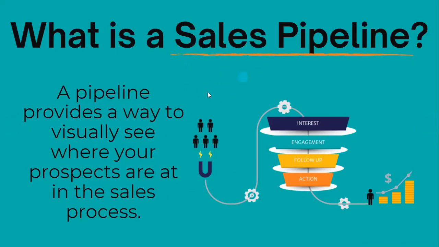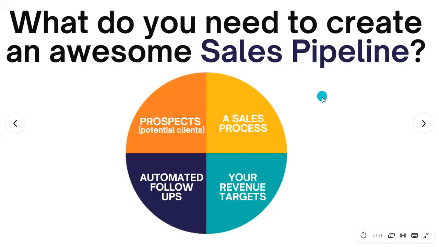Because each individual that comes into contact with you or is interested in your business or your services, your tutoring, whatever that may be, is going to be in a different phase of where you want them to be. And the end goal is for them to actually purchase your services and get tutoring from you. So that's basically what a sales pipeline is.